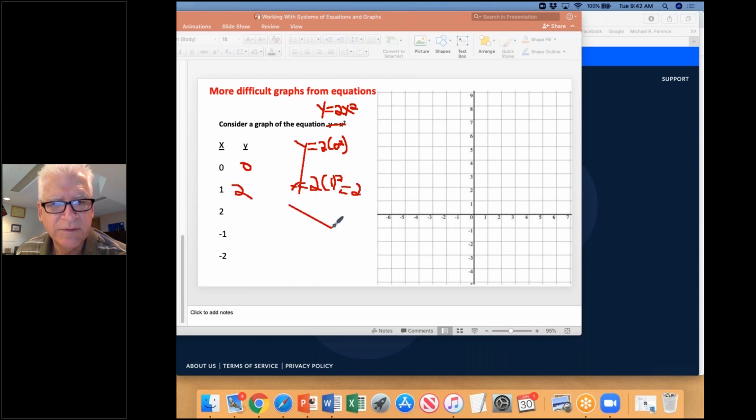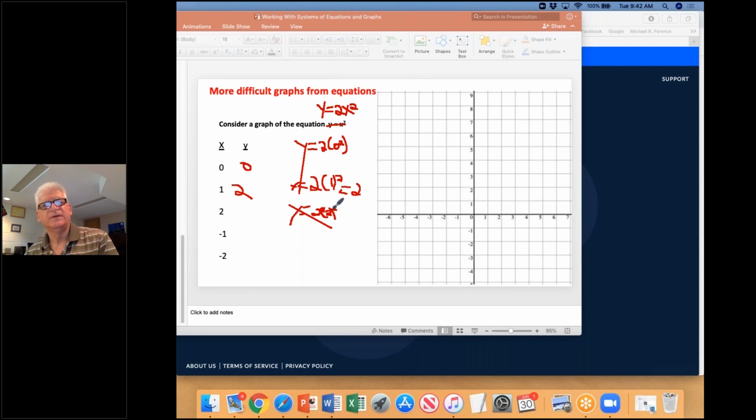If I plug in 2, y equals 2 times 2 squared. So on the y-axis, it would be 4.